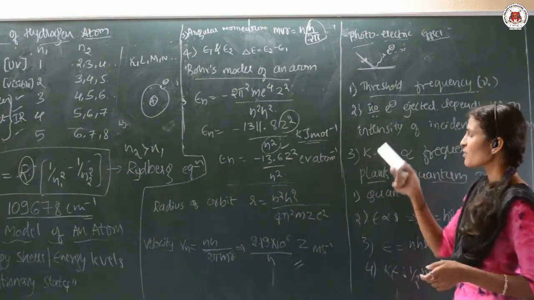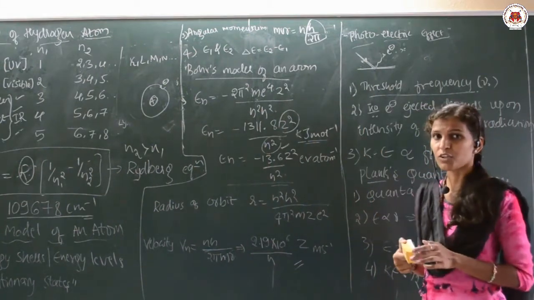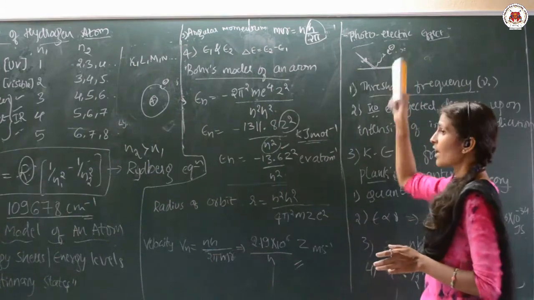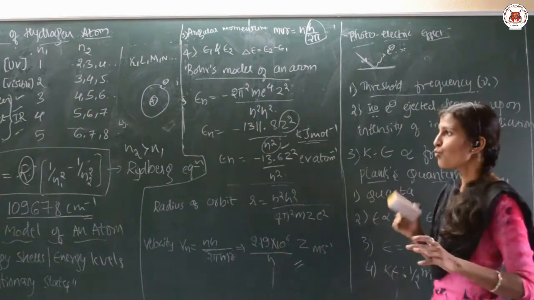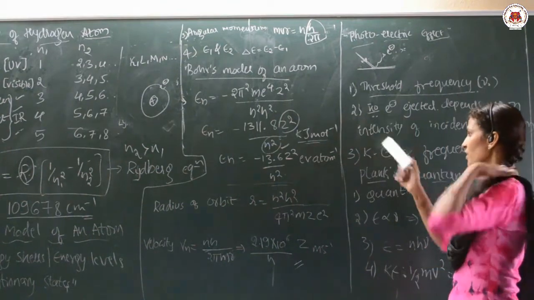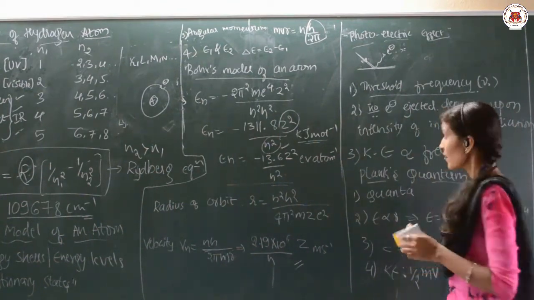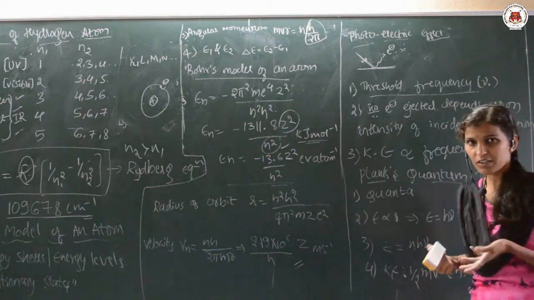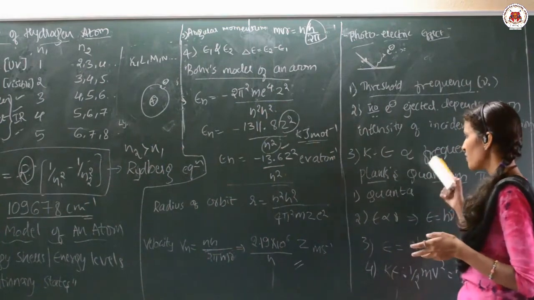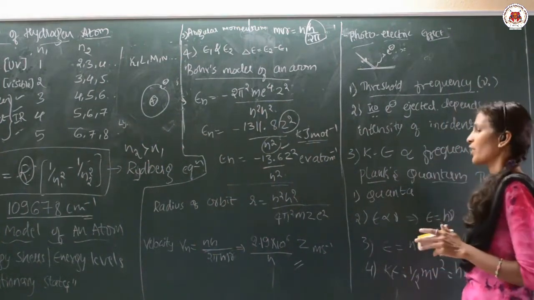So, these are the experimental observations of the photoelectric effect. The definition is that we get electron ejection from the metal surface when a suitable frequency falls on it, and these are the experimental observations. First one is regarding threshold frequency, next one is how many electrons are ejected, which depends upon the intensity, and the kinetic energy depends upon the frequency. It means it is directly related to the frequency.